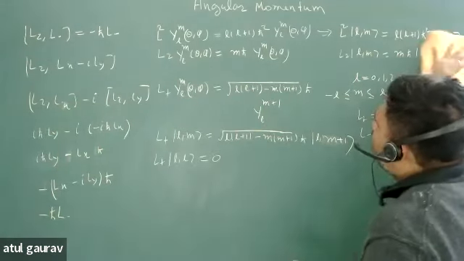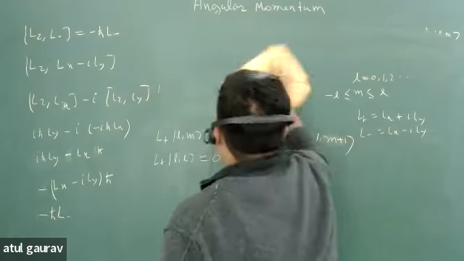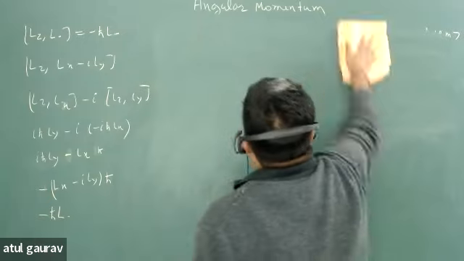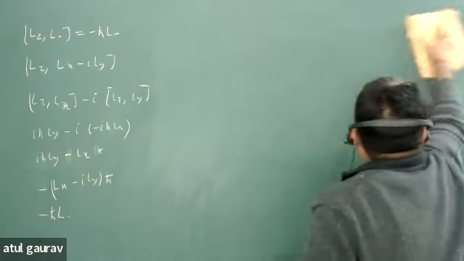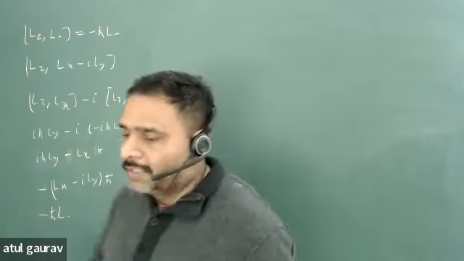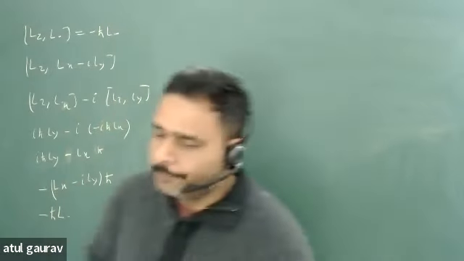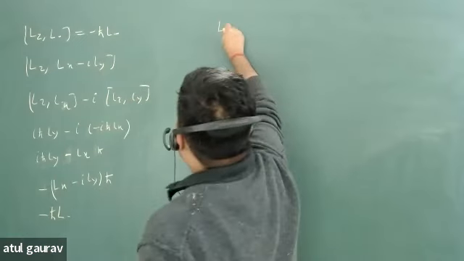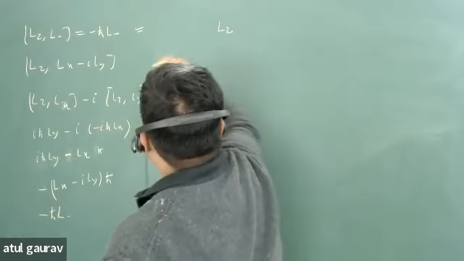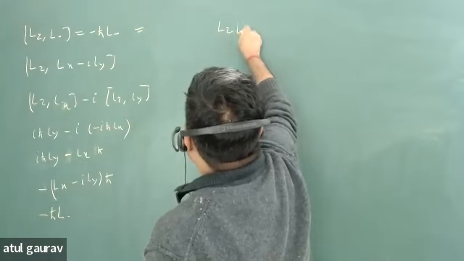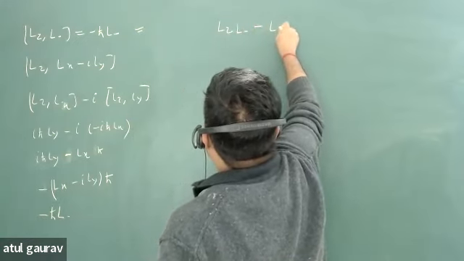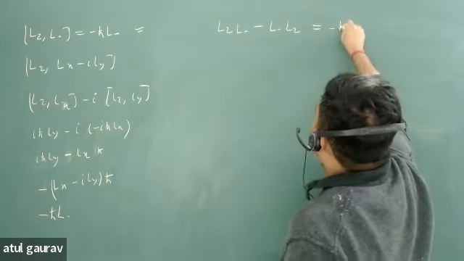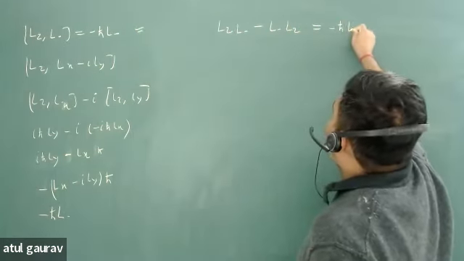Same process as we did last time. So we have to just use this one, and then we will discuss what is actually happening to our system and which type of physics we are revealing here. Okay, so just take this one. We have Lz L minus minus L minus Lz must be equal to minus h cut L minus.